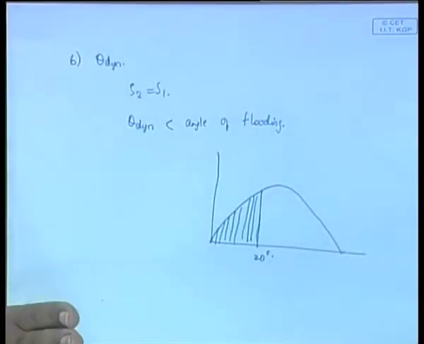Some heeling moment is acting, the ship is heeling, but it is trying to right itself. There is always a righting moment, so the heeling moment minus the righting moment is acting, but the heeling moment is still higher.